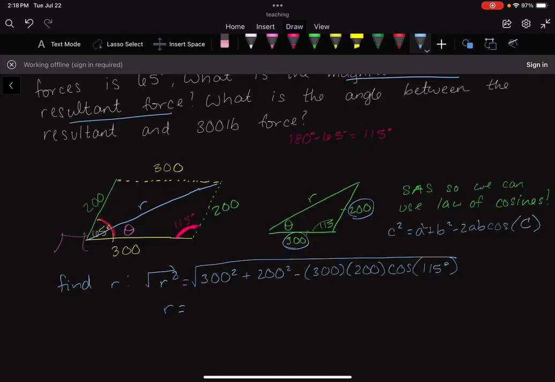Cosine 115. Oh, I forgot my 2. Sorry about that. I forgot this 2 right there. That needs to be in the formula. I was typing it out and I was like, I'm missing something here. Something's wrong. There we go.